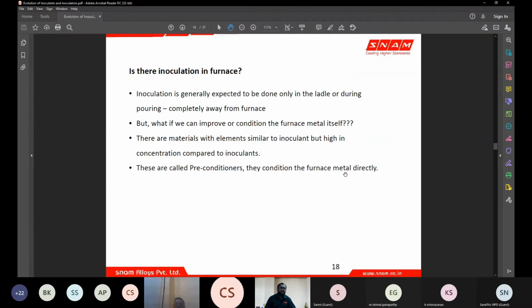Initially it might look like adding cost to your treatment or to your metal, but in the long run, on the rejections front, your rejections due to metallurgical factors come down, and your requirement of inoculation comes down. You will be so confident in pouring the liquid metal from your furnace that every time my furnace metal is the same. Irrespective of any variation in the charge mix or from the first tapping to the last tapping, my castings are all going to be the same. If you get that amount of confidence, then you can blindly pour the liquid metal into the casting and get uniform castings throughout the year, 24/7. So that is what these preconditioners are aiming at.